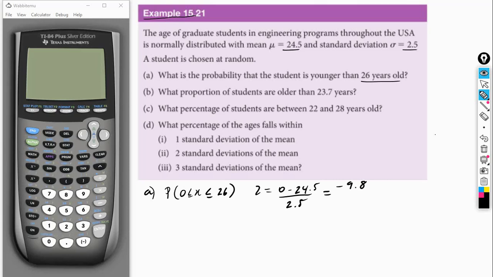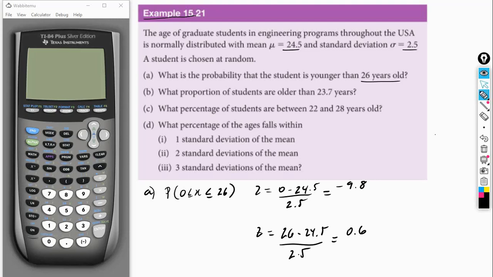So that's going to be the lower bound. For 26, the z-score is going to be 26 minus 24.5 divided by 2.5, and this is going to give us 0.6.